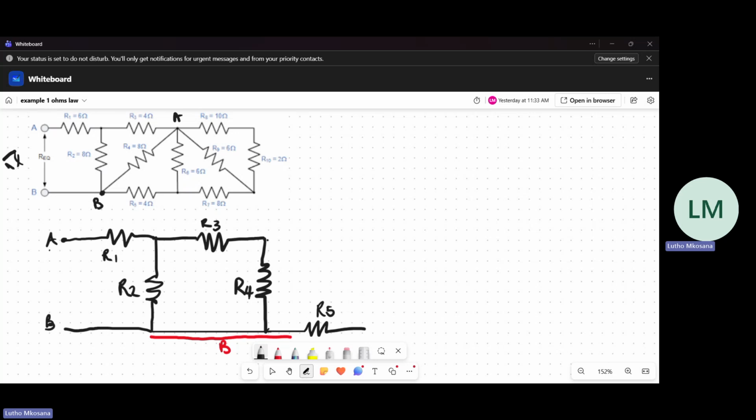We're just gonna drag out this point because our resistor 6 is connected at the end of R5, which is, this is the end of R5, and then it goes up. So this is R6. And then at the end of R6 here, we have another R7.